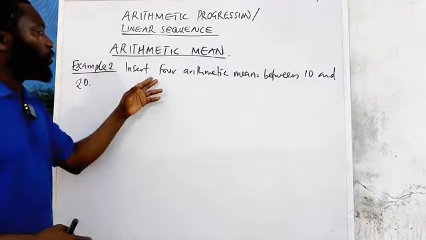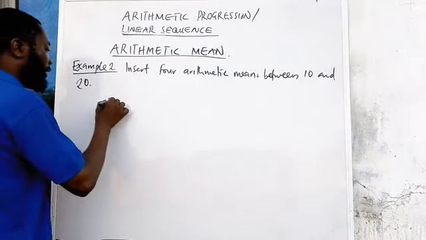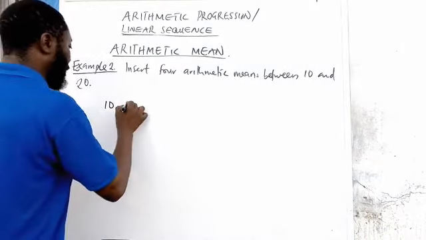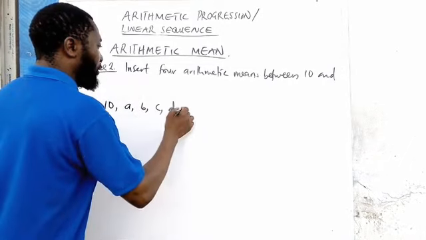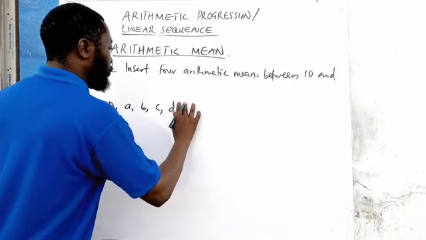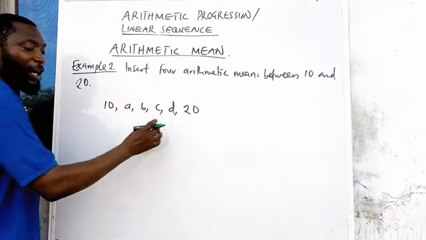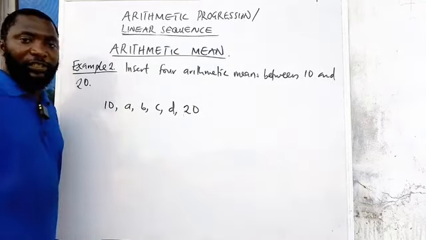Since we are to insert 4 arithmetic means, if the first term is 10, then we need 4 terms next. So that will be A, B, C, D, and the last one will now be 20. So A, B, C, D are the 4 arithmetic means between 10 and 20.